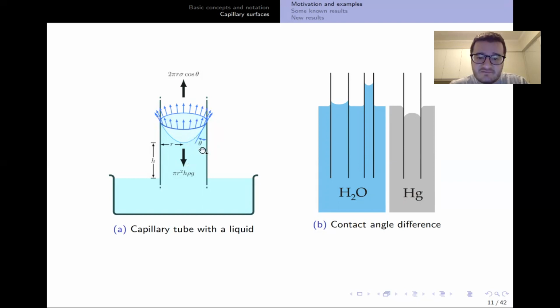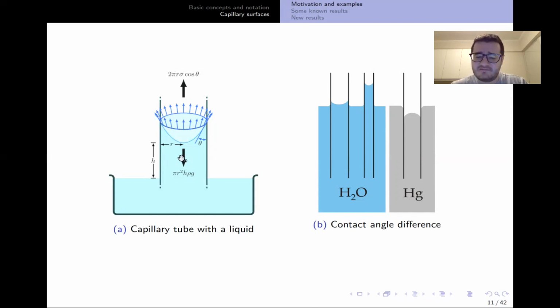In this case, it is shown as theta. And in physics, they can calculate the height that the liquid moves up just in terms of known quantities, such as the radius of the tube, the density of the liquid, and other factors, like the gravity, for example.